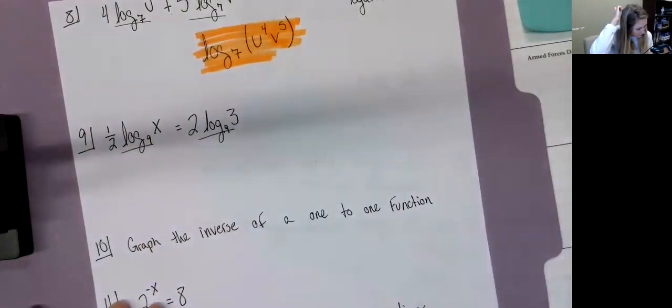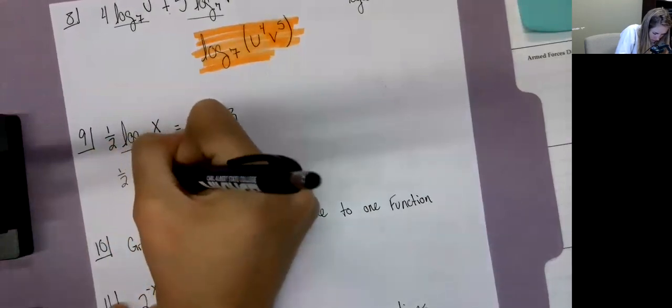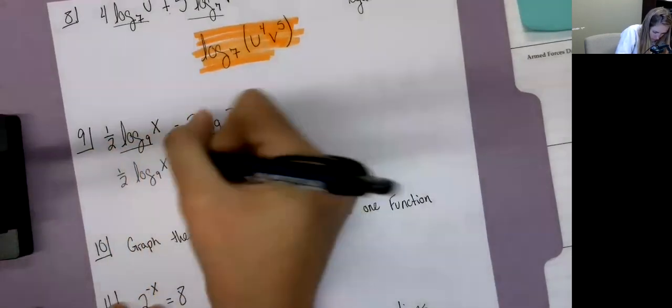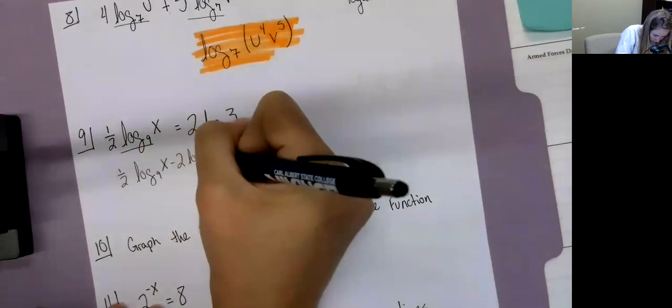I can rewrite these both to be, let's just do that first. So I'd have 1/2 log 9x subtract 2 log 9.